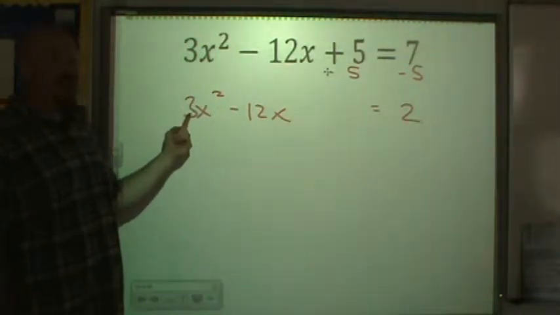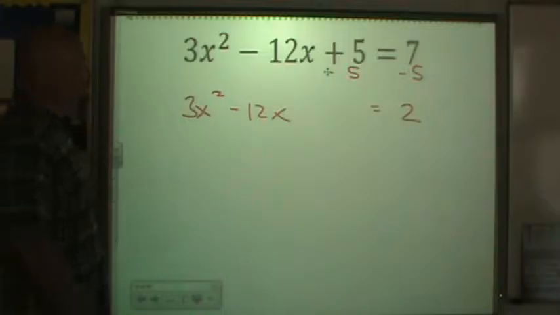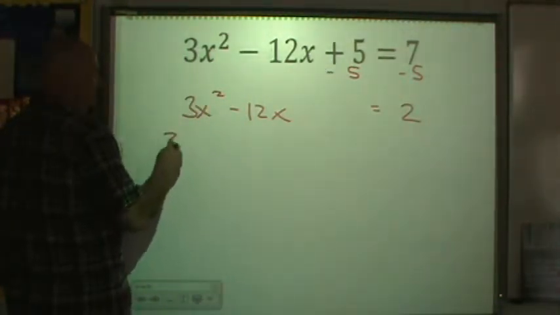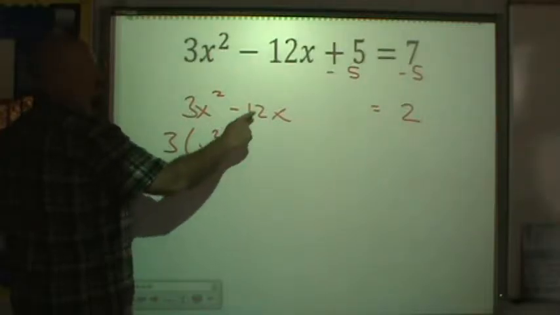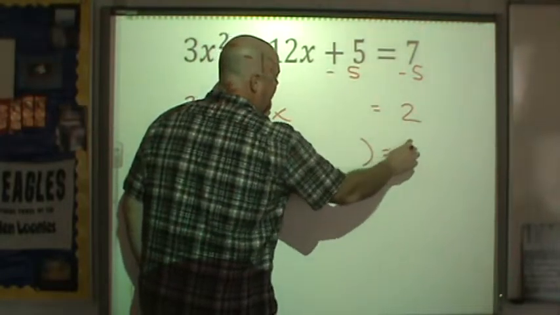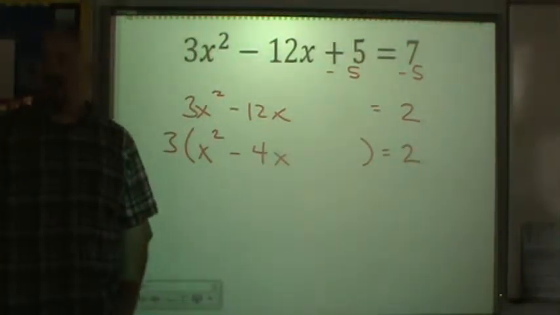If this was a 5 and that was a 12, I would factor out a 5. This would become a fraction like it did before, and it was horrible, and it will be horrible again at times. But for right now, we're factoring the 3 away from x squared. We're factoring the 3 away from here. I am not factoring the 3 away from the other side. We're only factoring this left side.